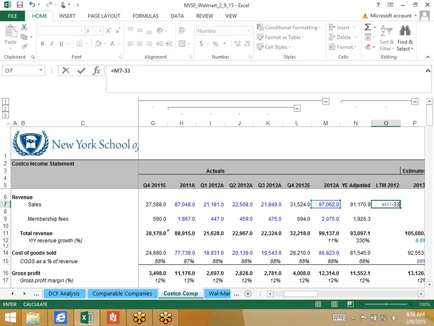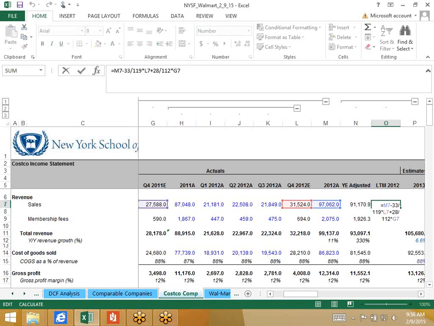So minus 33 divided by 119 times Q4 2012, and then add in 28 divided by 112 times the Q4 of the prior year. That should give us effective data as of July 31st, 2012.